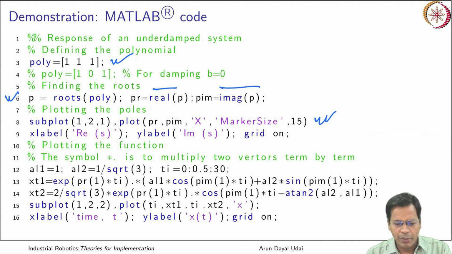Now I am labeling them also. Again I am defining my system over here for the time variation, how my x(t) will go. I am plotting them once again here and labeling it.